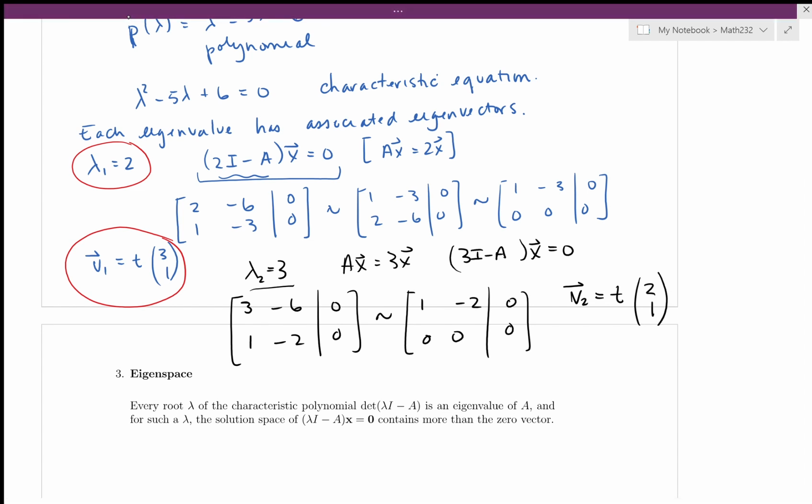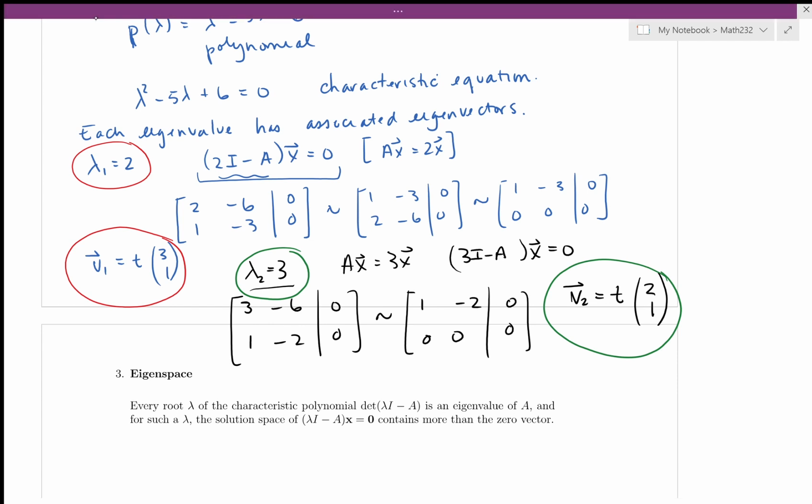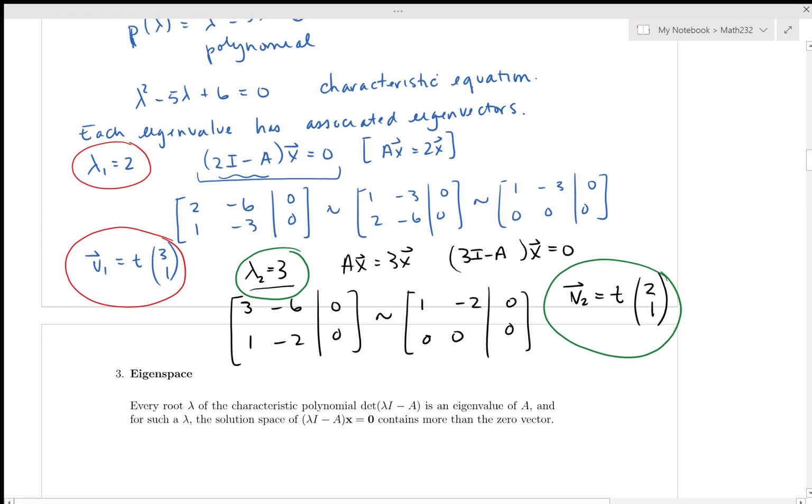Okay, so let me just circle those in a different color. So for this eigenvalue, we have these associated eigenvectors.